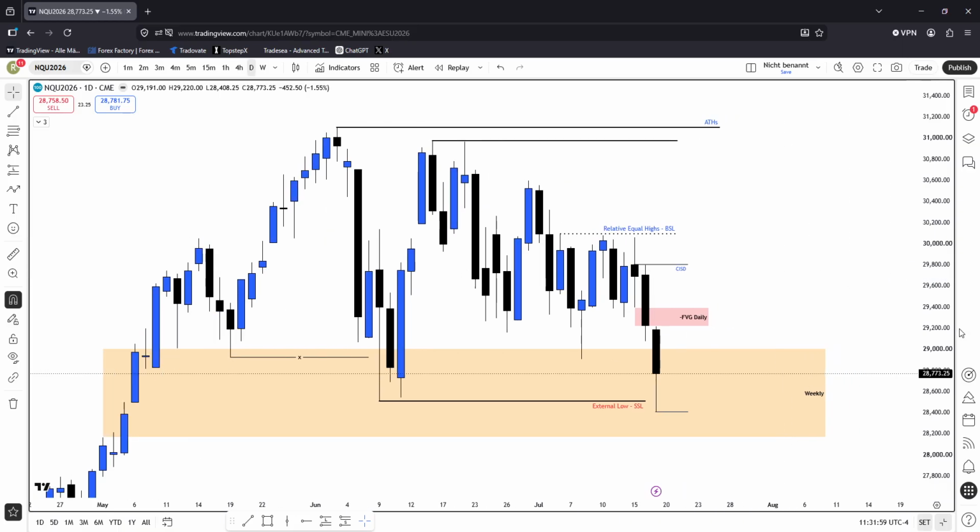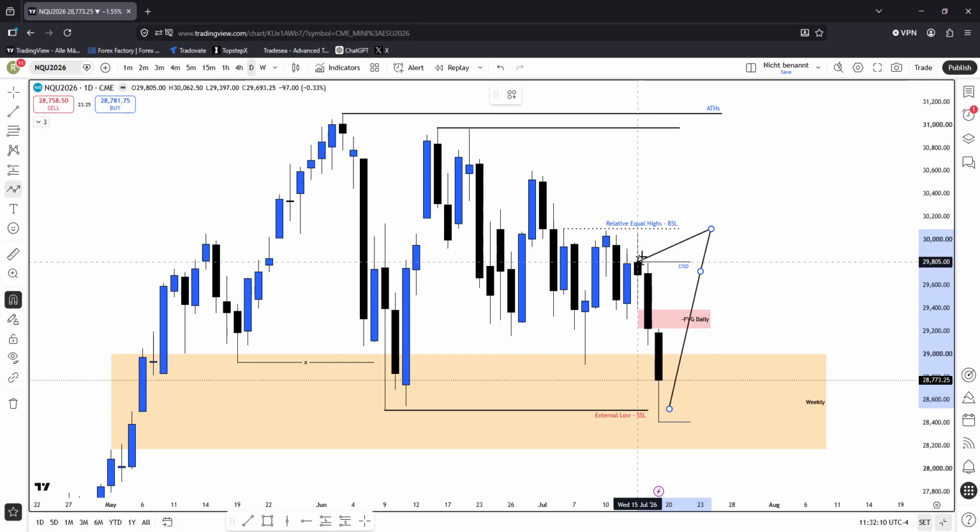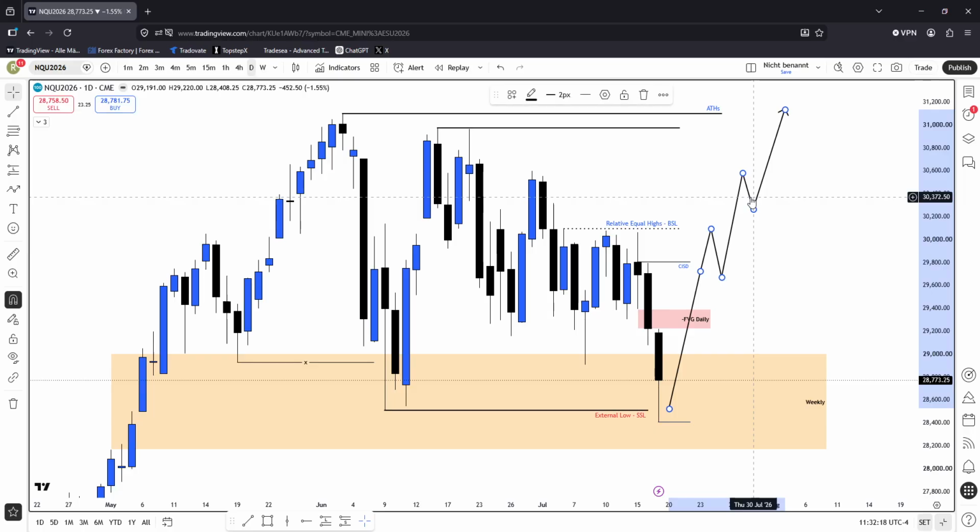What I want to see is some form of confirmation. For example, an inverse of this important fair value gap. And best case scenario, if we get a CISD in a higher time frame as well, then I can confidently say that we will go back to new all-time highs.